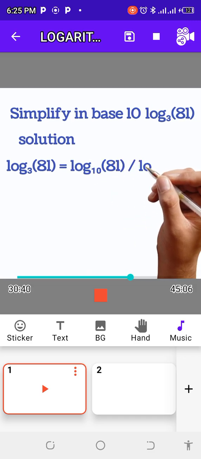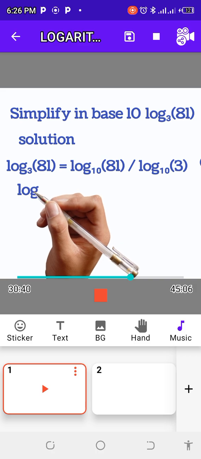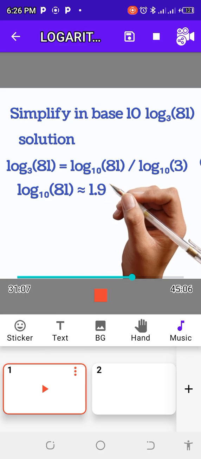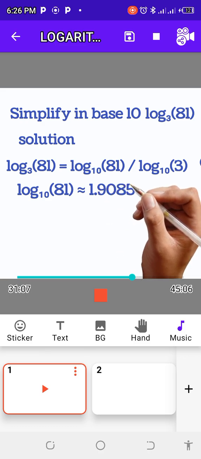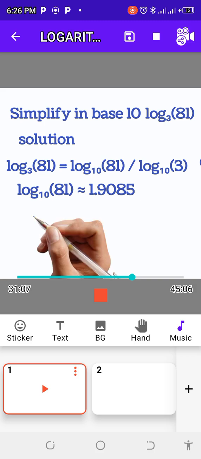Log 81 base 10 over log 3 base 10. This is the change of base formula.